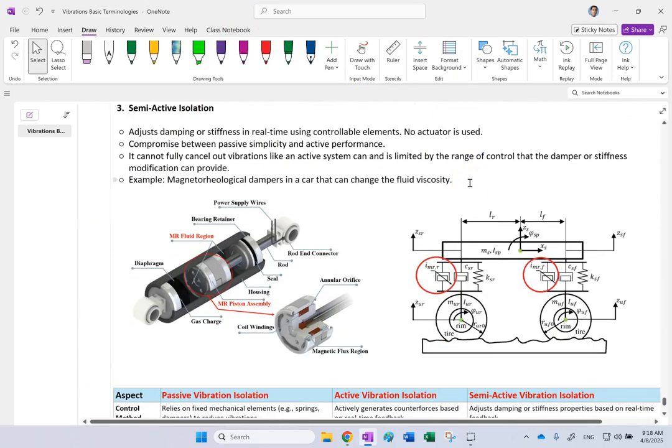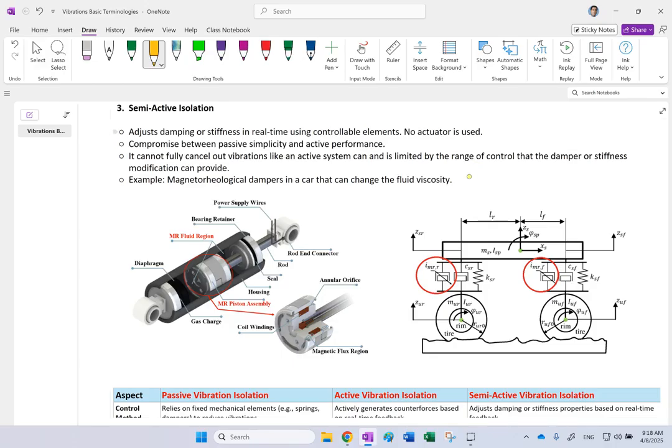In semi-active, you don't have an actuator to cancel the forces, but you can adjust the values of damping or stiffness in real time. Now, because there is no actuator, you don't need as much power and it's not as expensive. So it's a compromise between the simplicity of passive and the performance of active.